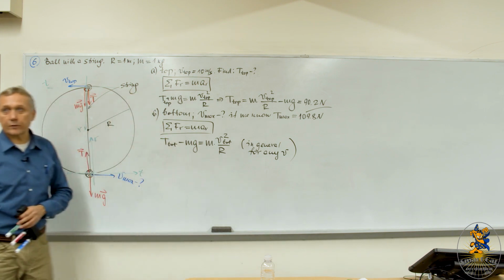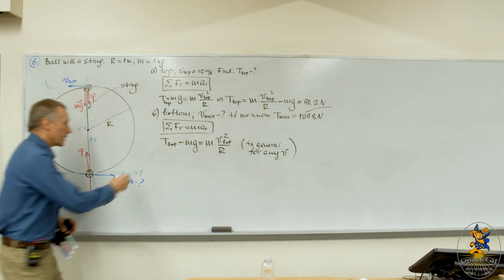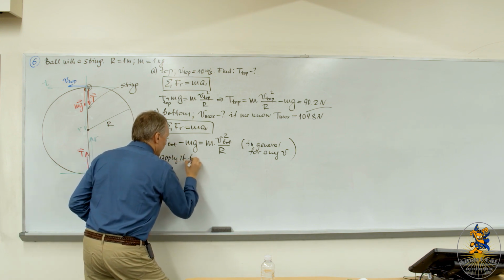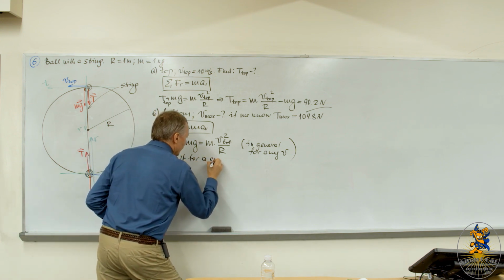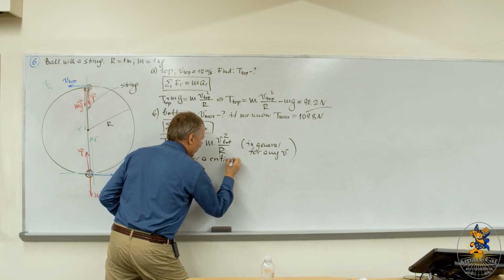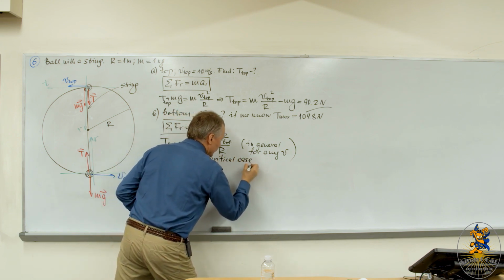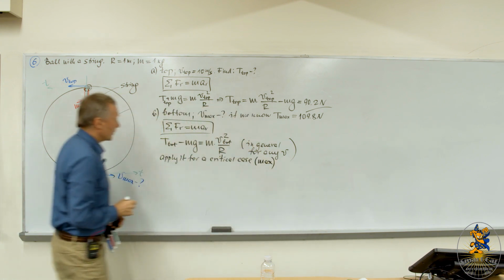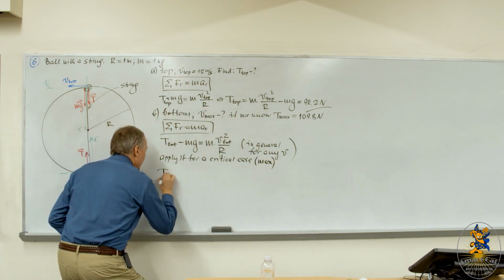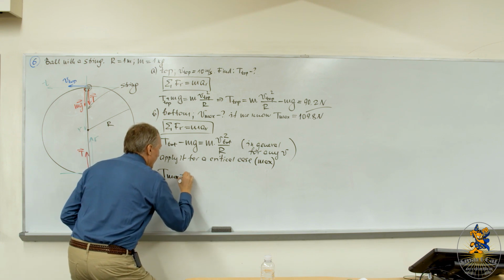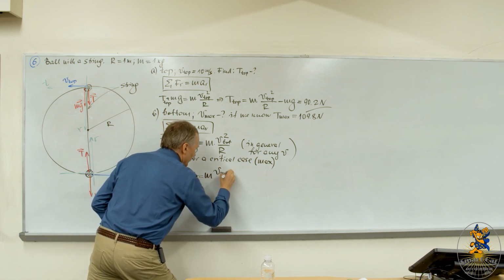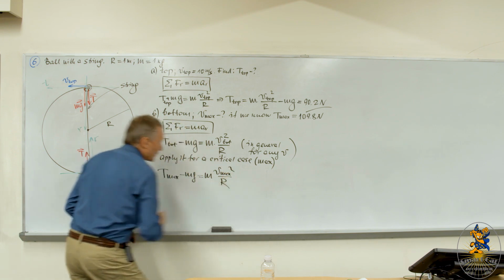And now let's apply it for the critical case. So T max minus mg equals m v max squared divided by radius.